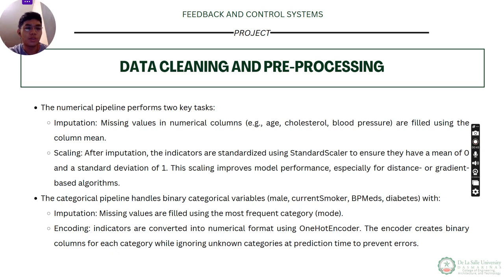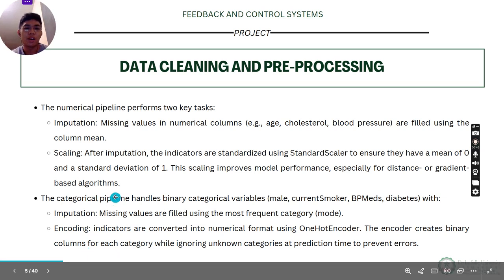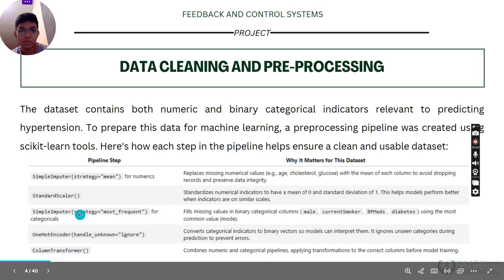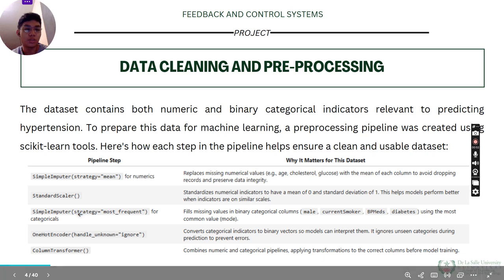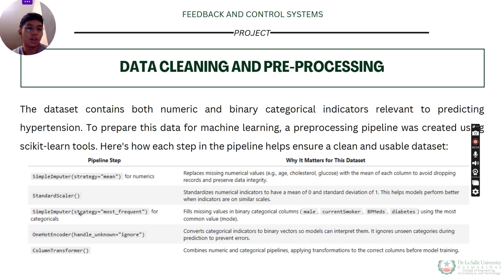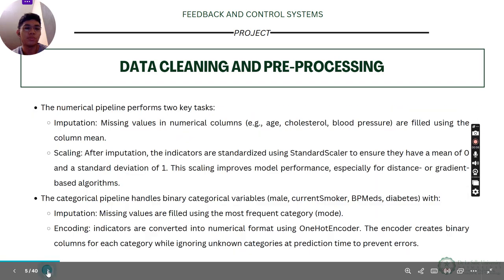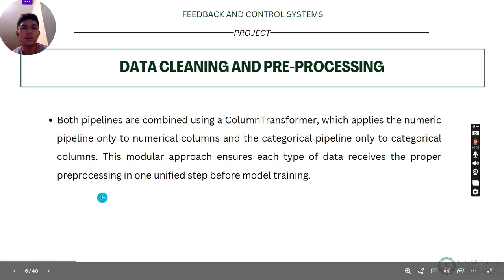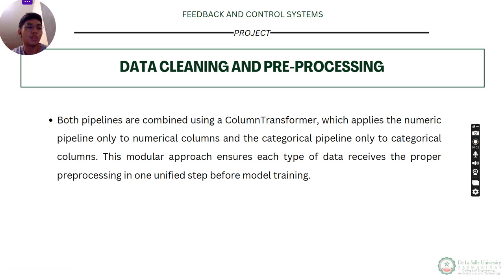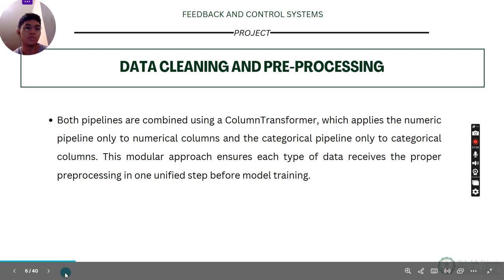And I used the scaler after imputation so the indicators would have a mean of 0 and a standard deviation of 1. And I used column transformer to ensure that each type of data received the proper pre-processing for numerical and categorical columns.